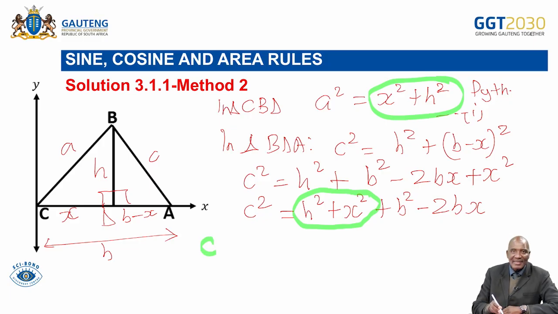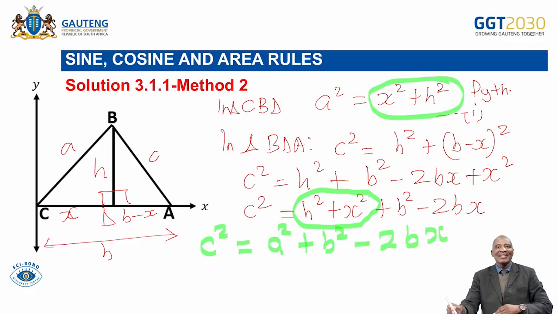Therefore, c squared is equal to a squared plus b squared minus 2bx. Done. But there is a problem. I still need to find that x there and replace it.